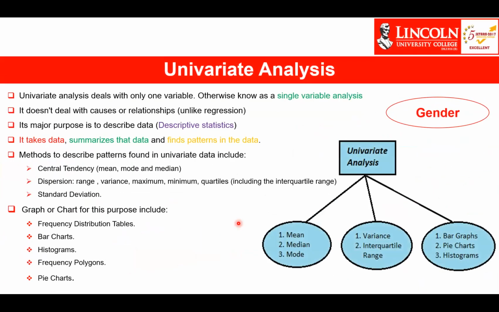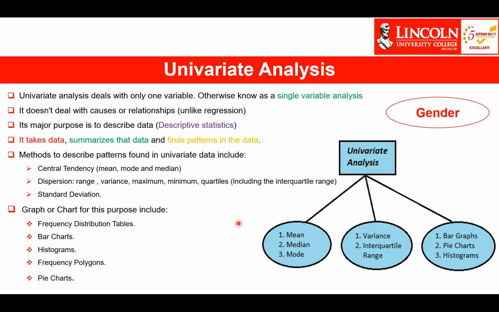Now we have a few other types of analysis. One is univariate, we have bivariate, and we have multivariate. For univariate, it deals with only one variable.